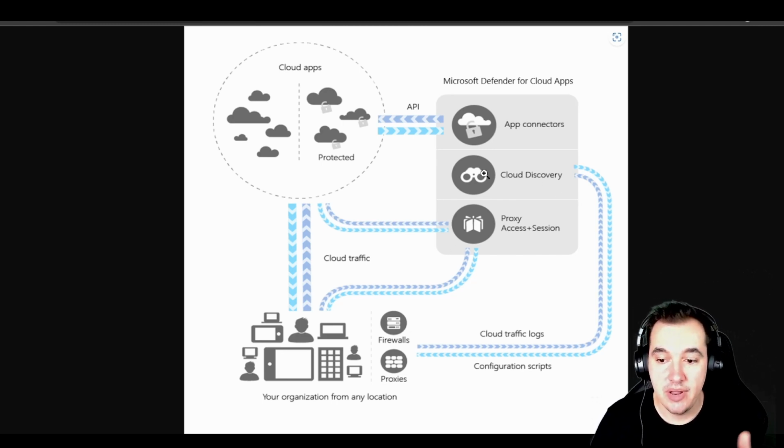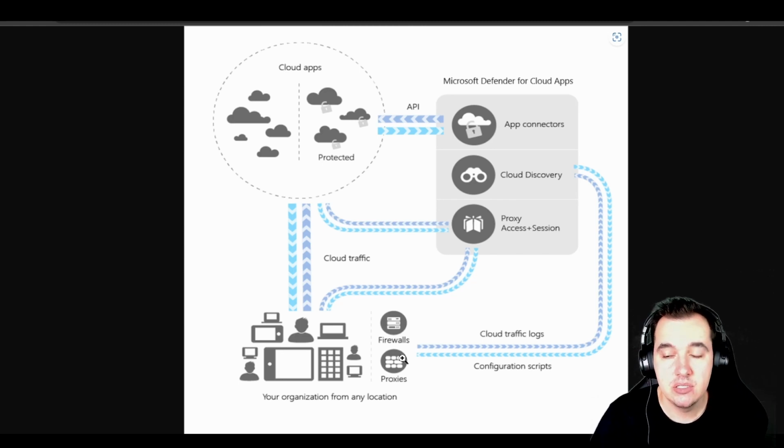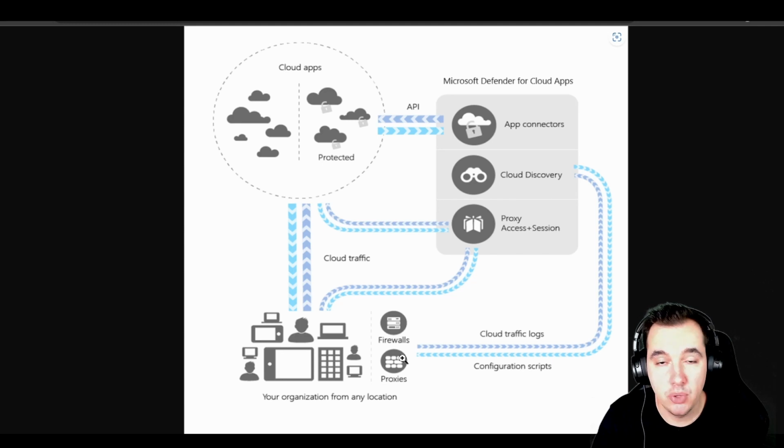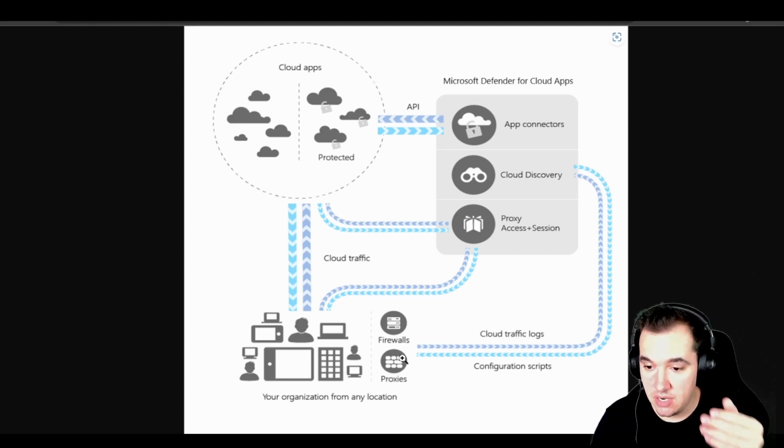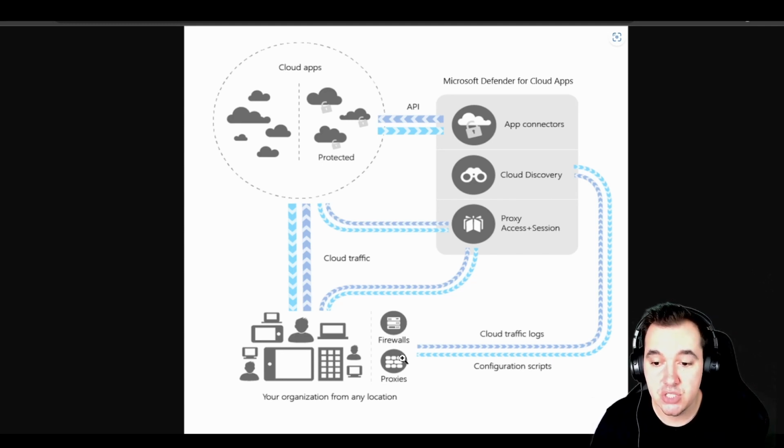Otherwise, API-based can have a look at app connectors, and even cloud discovery can come from firewall or proxy logs that are ingested into the platform as well. So different ways to implement the solution allow for different capabilities. But the takeaway here is that the solution itself supports a wide range of deployment methods that encompasses all the potential use cases that CASBs are needed for.